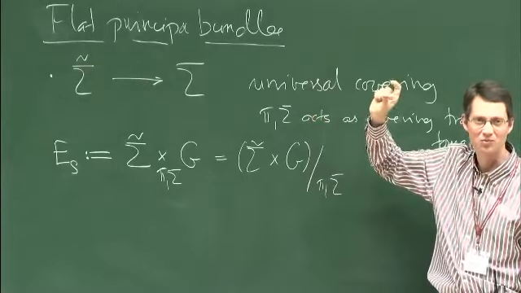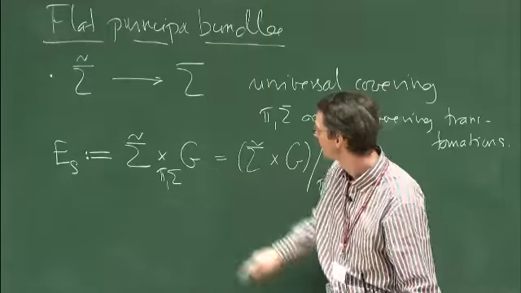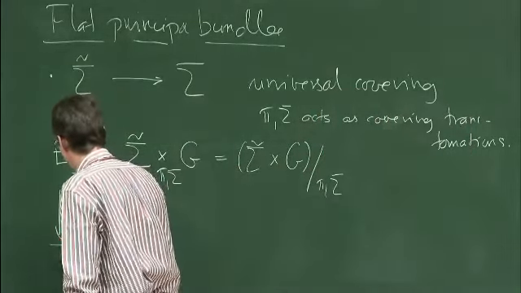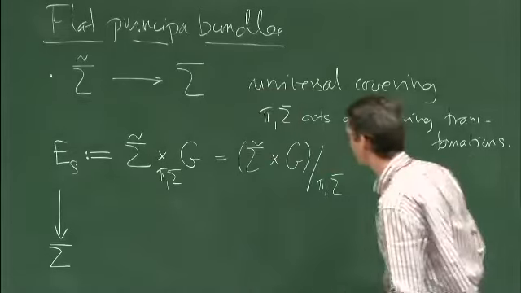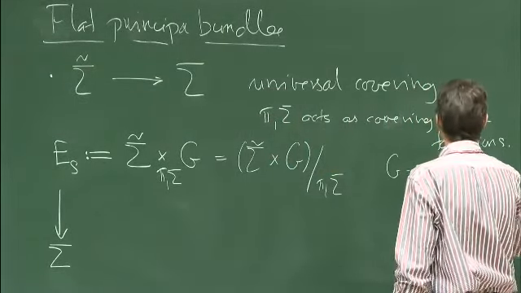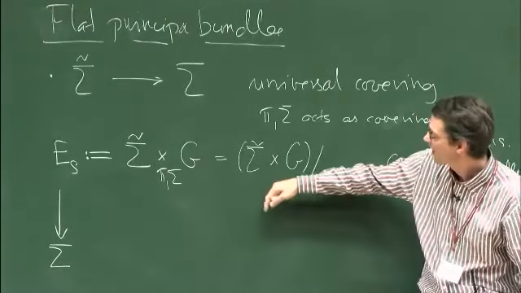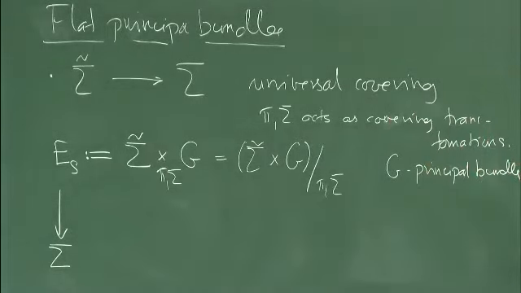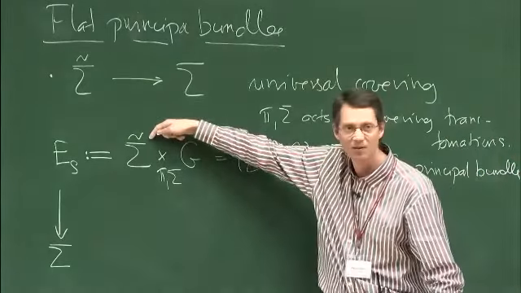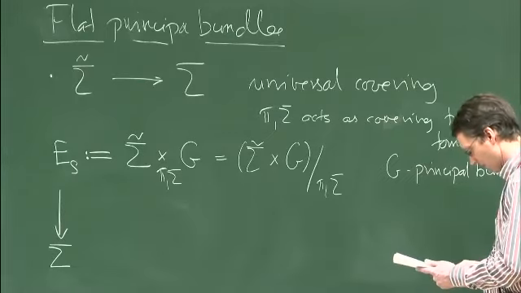We may have to turn the left action into a right action in order to do that. So we get a nice bundle here over sigma, which is a G principal bundle. It's like taking the trivial G bundle and then making some identifications.